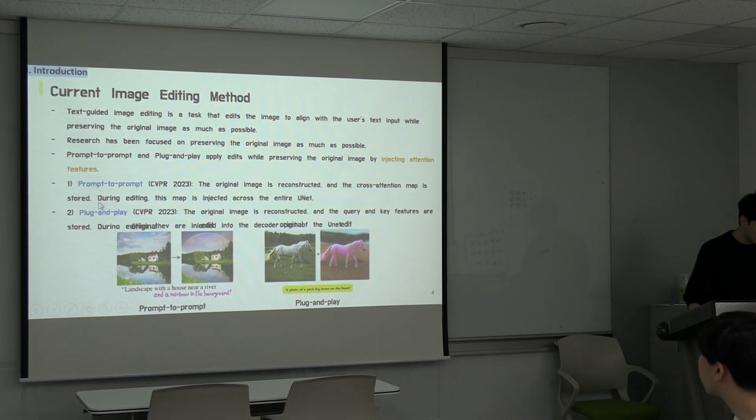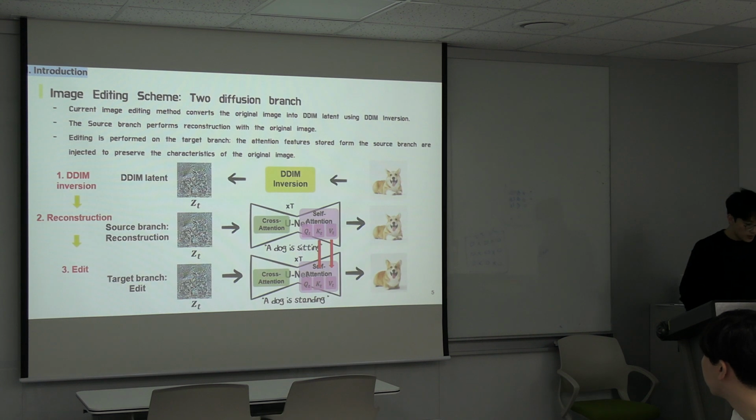In this approach, the reconstruction is performed first, and during this reconstruction process, the attention features in UNet are saved. After the reconstruction, the editing process is performed, and the attention features which were saved before are injected into this process. So models like prompt-to-prompt and plug-and-play, which are based on diffusion models, utilize these two diffusion branch methods. This approach consists of a source branch and a target branch.